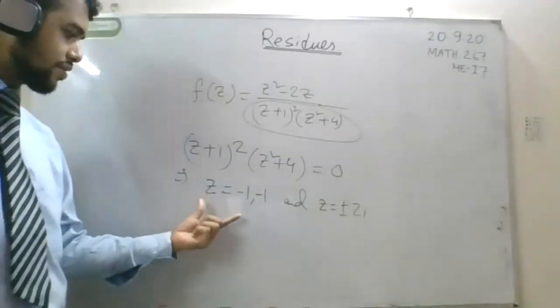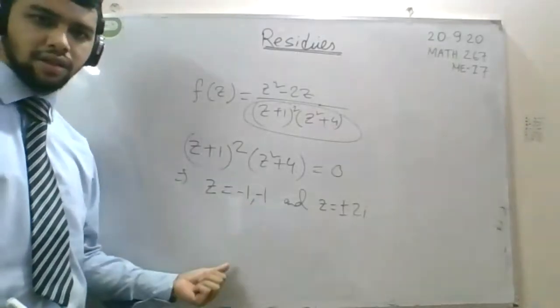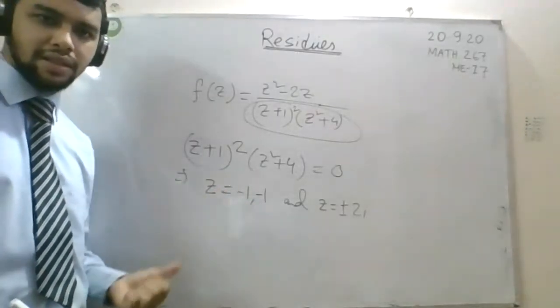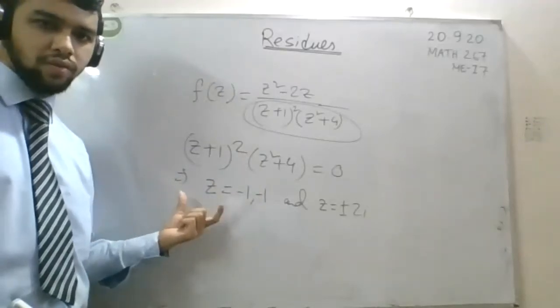Okay, but if here z equals minus 1 and minus 1, then what will our formula be? This is called a double pole of this function.